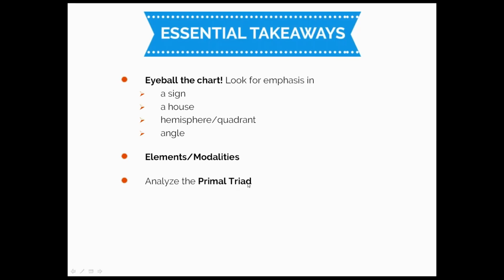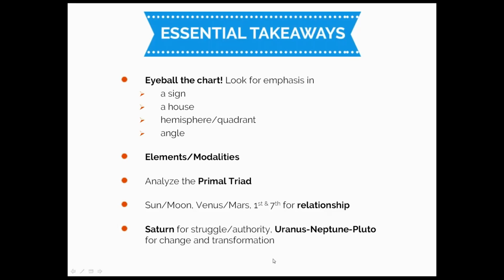Analyze the primal triad, the sun, the moon, and the ascendant, by sign and house and aspects. Look to the sun and moon, Venus and Mars, and the 1st and 7th houses for clues about relationship. And then look to Saturn to talk about struggle and authority, and Uranus, Neptune, and Pluto for thoughts about change and transformation.